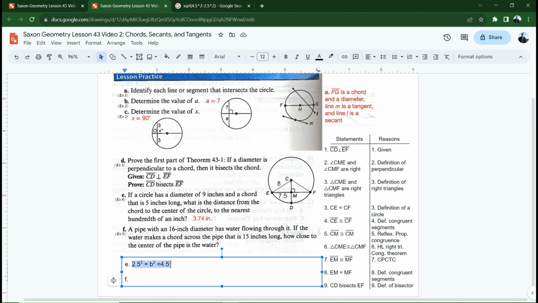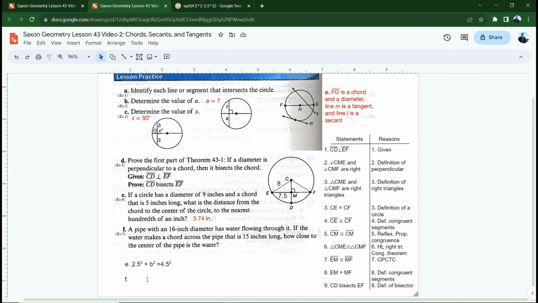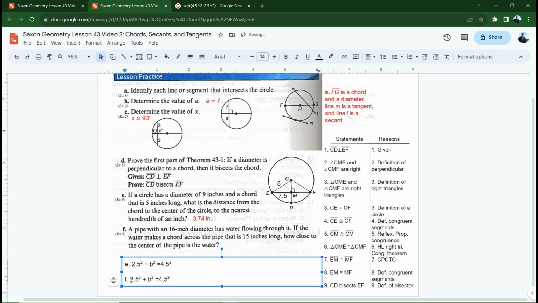So I'm just going to copy my work from the last one, but plug in my new numbers. Instead of 2.5 squared, this is 7.5 squared. And then instead of 4.5, this is 8 for my hypotenuse. I'm going to need to change this equation, so it's 8 squared minus 7.5 squared.